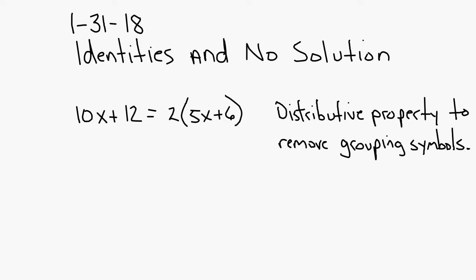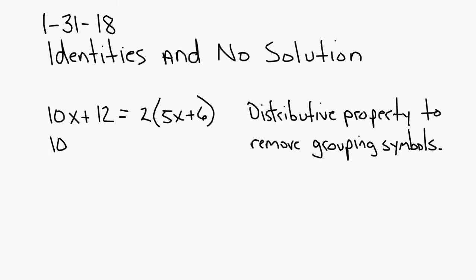So the 10x plus 12 just gets rewritten, and it's equal to, on the right hand side, you're going to multiply 2 times 5x, which is 10x, and then 2 times 6, which is positive 12.